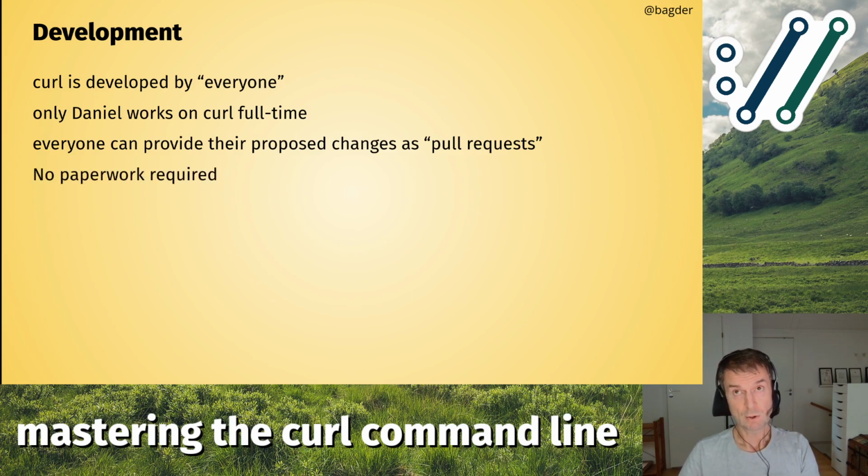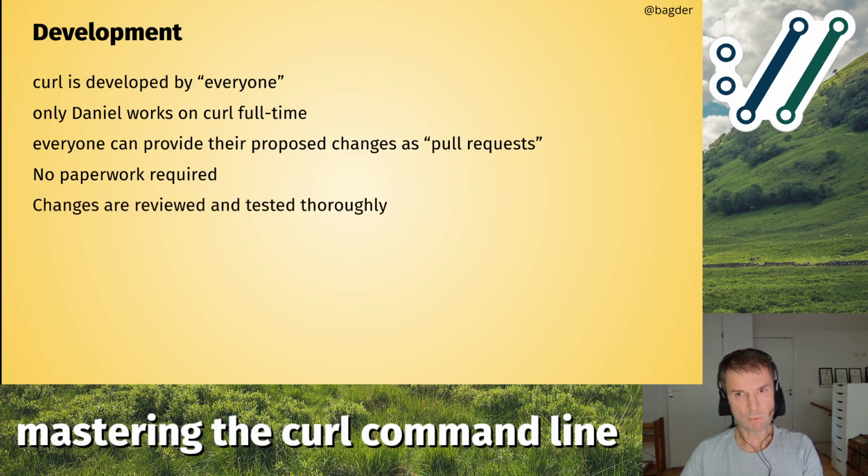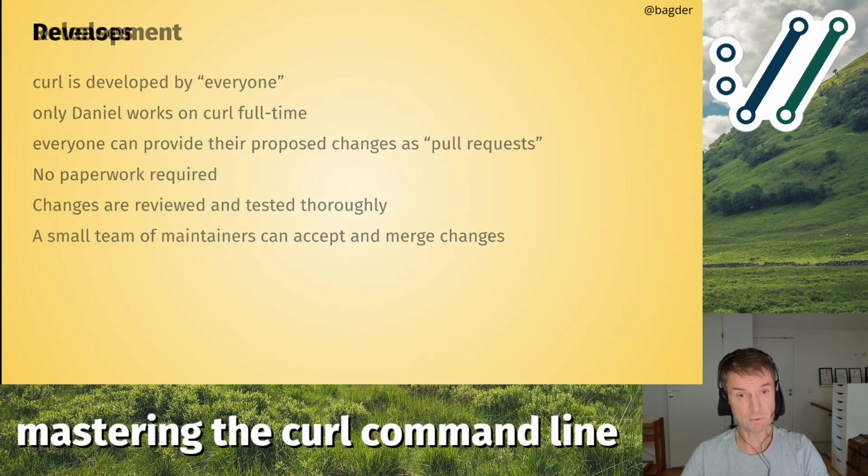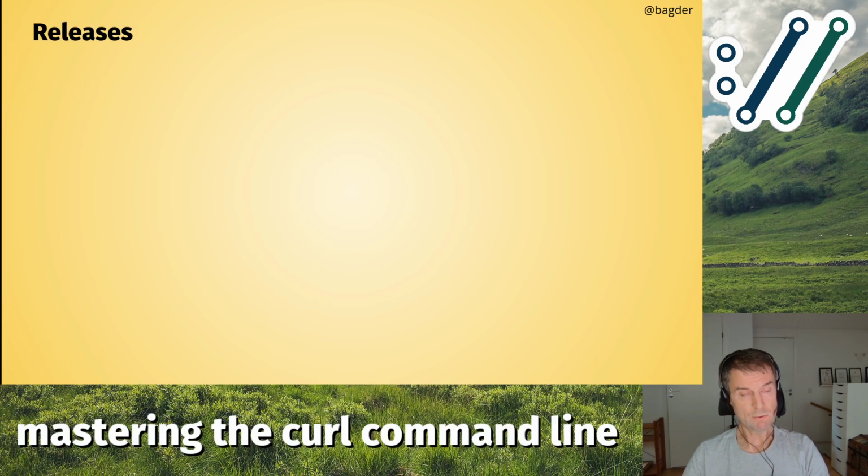You don't have to sign any contracts. There's no CLAs, no license agreements. We of course review and test everything that is proposed before we merge and accept them. But otherwise, anyone can participate. There's a small team of people who can merge changes. It's certainly not just me, where I think we're maybe 15 people who have the rights and the ability to do it.